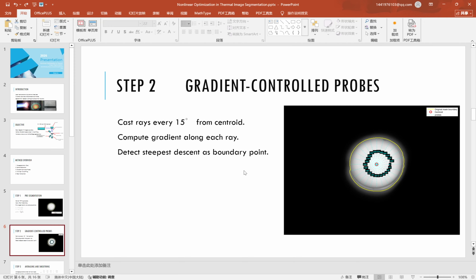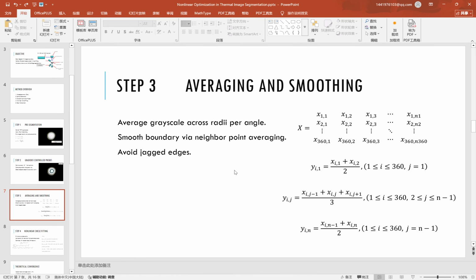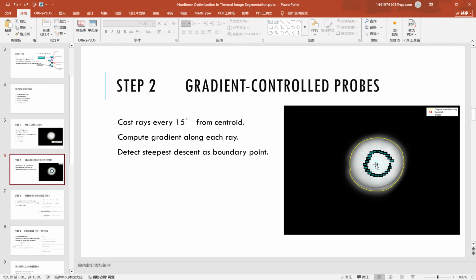First we find the grayscale along each probe. For each angle theta, the gradient is calculated by sampling the grayscale values along the ray starting from R0, which starts from the estimated center.